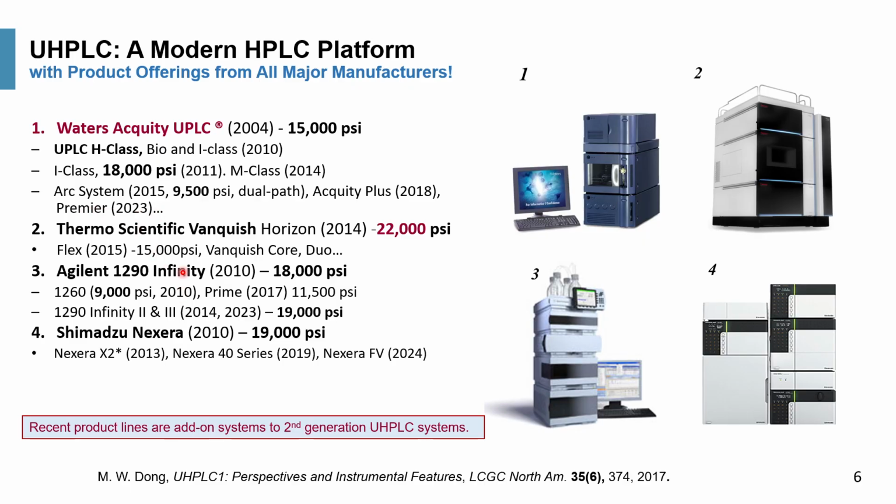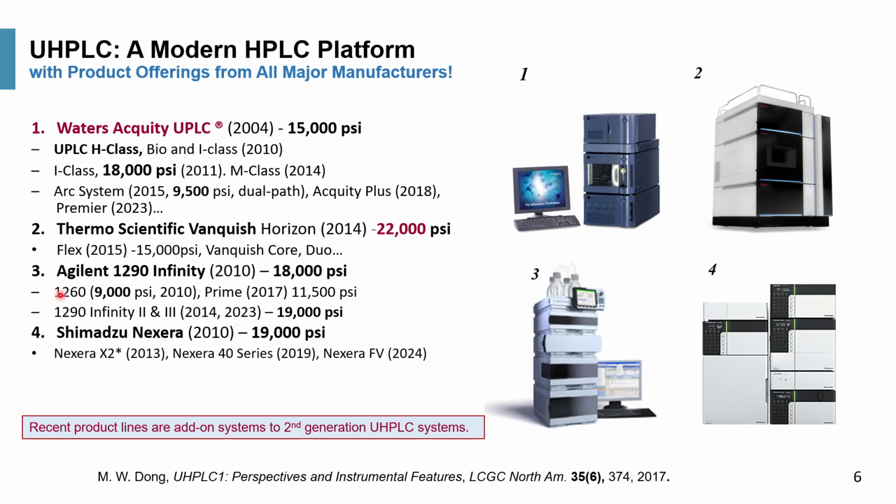Thermo Fisher Scientific introduced the Vanquish in 2014, which is still the highest rated system in UHPLC. They also have the Flex system, 15,000 psi, and the Vanquish Core and Duo. Agilent came quite a bit later, about 6 years later, and introduced the 1290 Infinity 1 system, 18,000 psi, and followed on with Infinity 2 and Infinity 3 in 2014 and 2023.